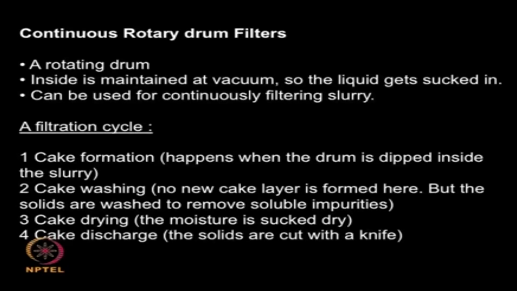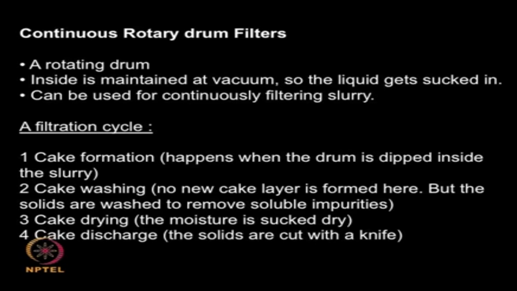This is the cake washing cycle. I may use water, I may use some solvent which will try to remove some impurities. So if there are some impurities present in the cake, they can be washed, dissolved and removed. Again the liquid gets sucked inside, so the washing liquid is removed. The third step is cake drying.